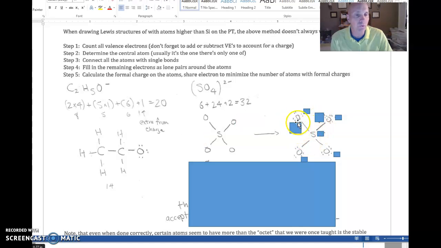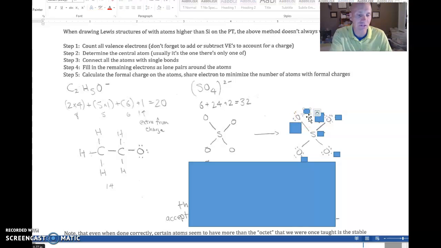When we do that, you'll notice that on all of the oxygens, you would have a negative formal charge. And around the sulfur right here, there's 4 dots around it, but sulfur needs 6 valence electrons to be neutral, so there would actually be a +2 formal charge on that sulfur.